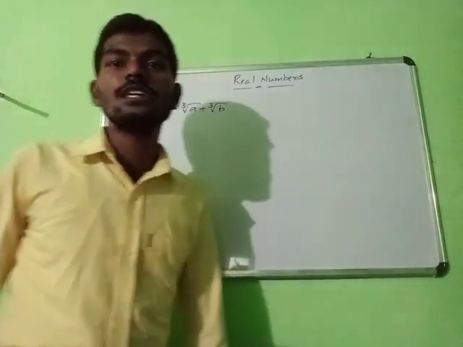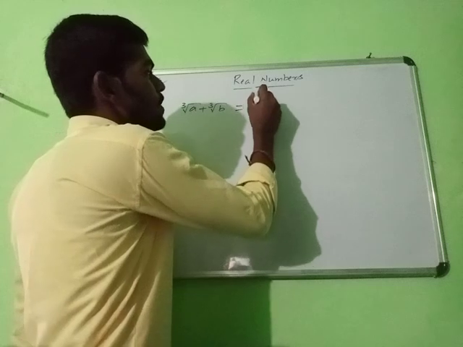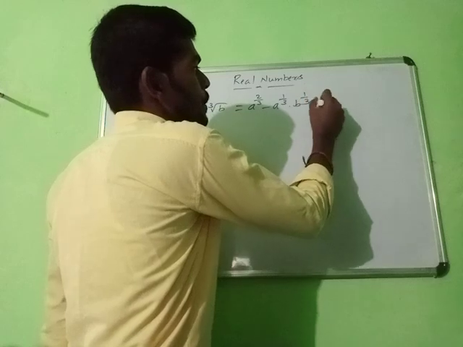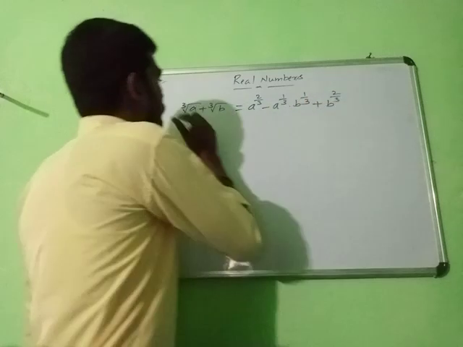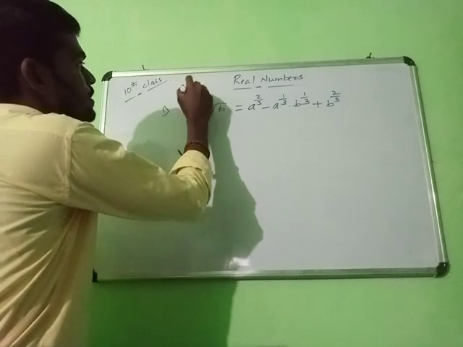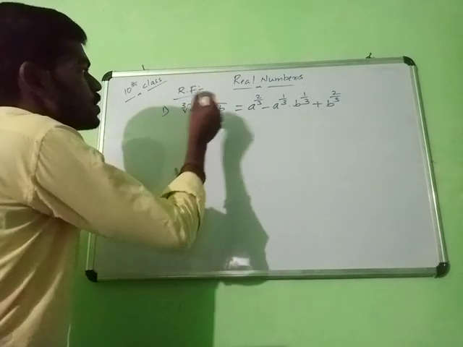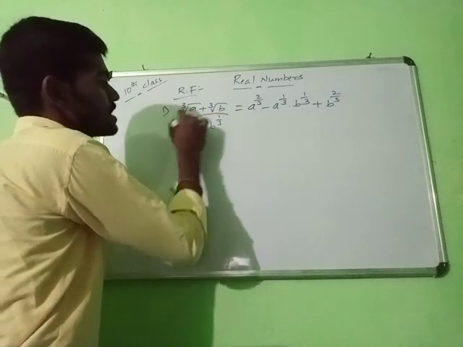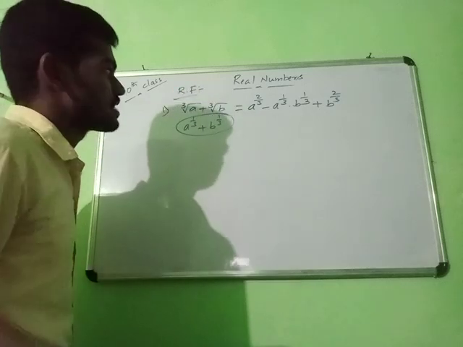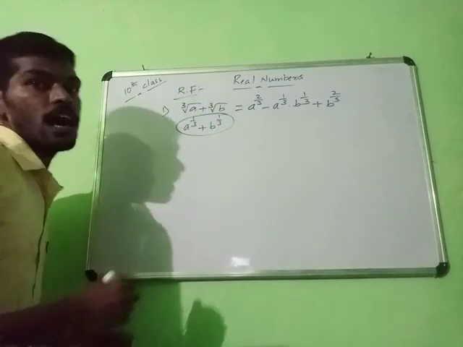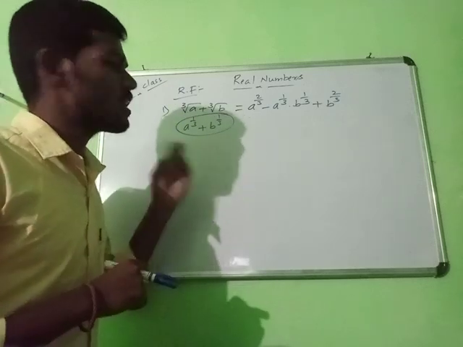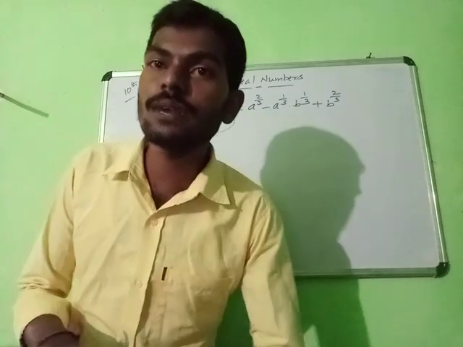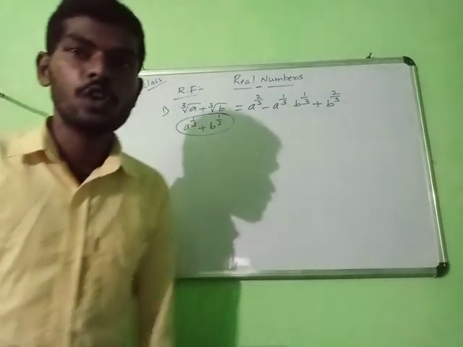The RF of cube root a plus cube root b, also written as a power 1 by 3 plus b power 1 by 3, is a power 2 by 3 minus a power 1 by 3 into b power 1 by 3 plus b power 2 by 3.